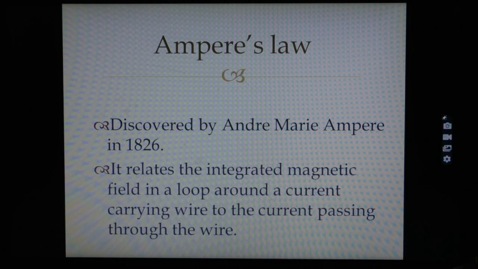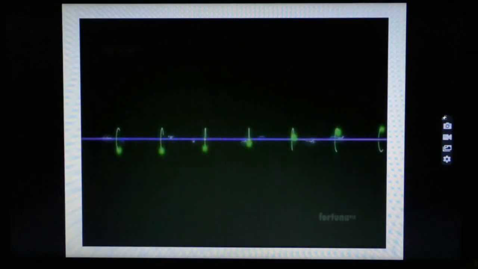It relates the integrated magnetic field in a loop around a current carrying wire to the current passing through the wire. So, in case of Ampere's law, we calculate mathematically the value of magnetic induction which is produced because of a current carrying wire.